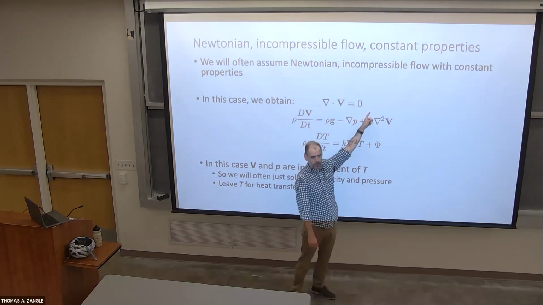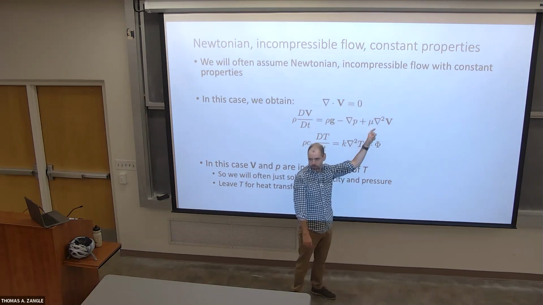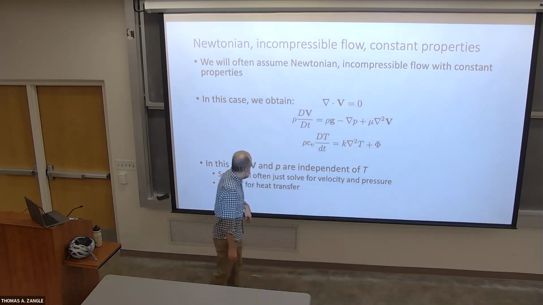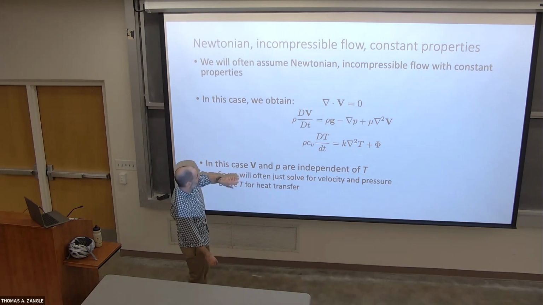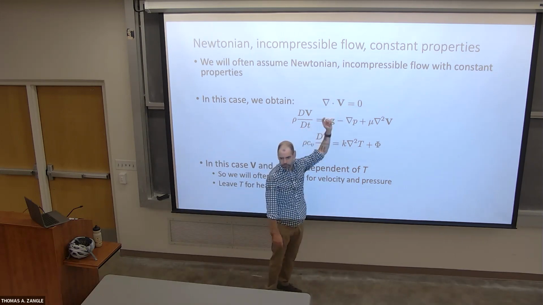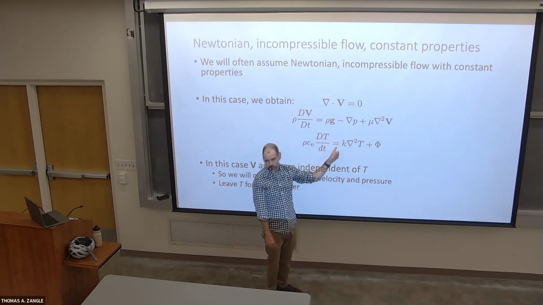And so there's no temperature dependence up here. We're not letting temperature vary, or the variation in temperature in space doesn't affect what's going on. So for this kind of problem, you typically just solve first for velocity and pressure, using Navier-Stokes, and then figure out what's going on with your temperature.